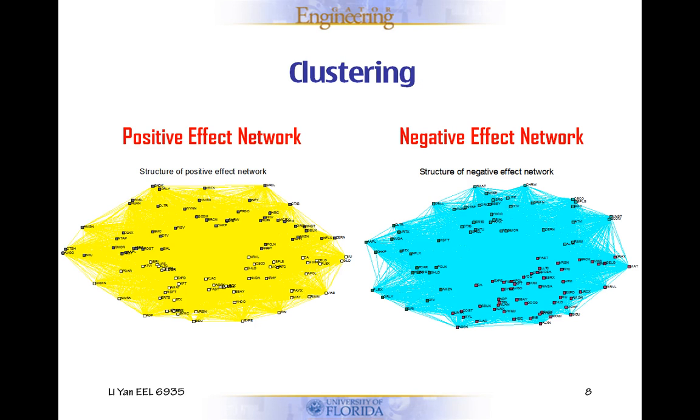We can see that the stocks are clustered into two communities, and in the right hand network, the network members are clustered into three communities. The connection between them is represented by the lines.